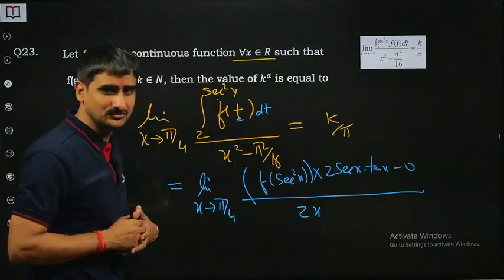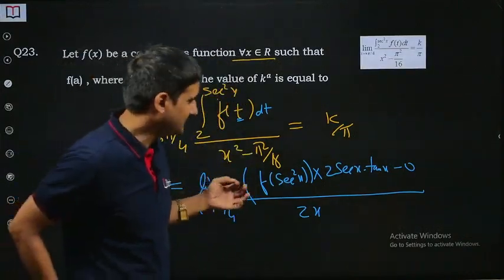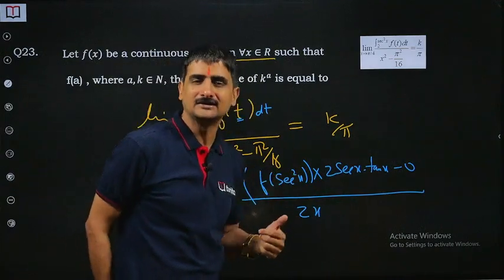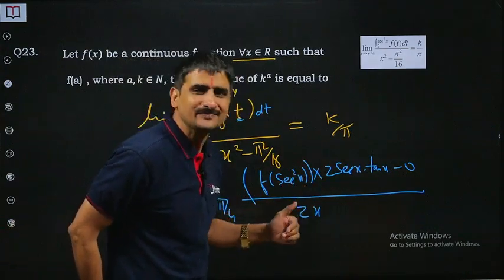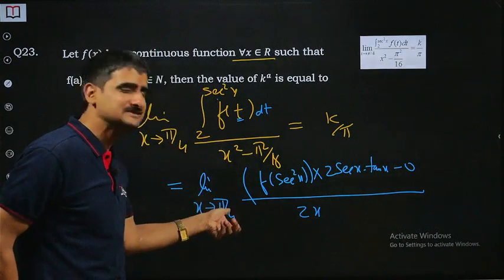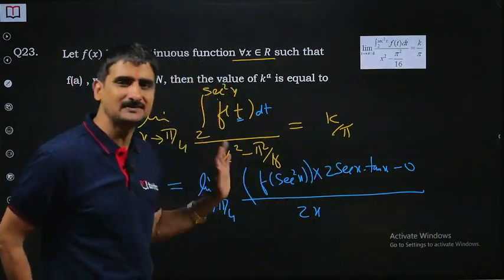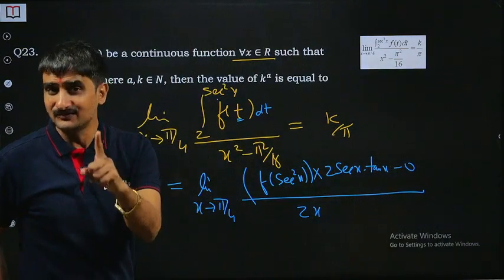Now as x goes to pi by 4, see, when a few students solved this question here in our Turito campus, they took it as x tends to 0, because the moment they saw tan x by x, they reduced it as tan x by x is 1. But it is 1 only when x tends to 0.